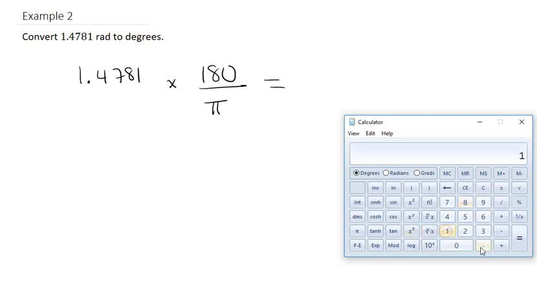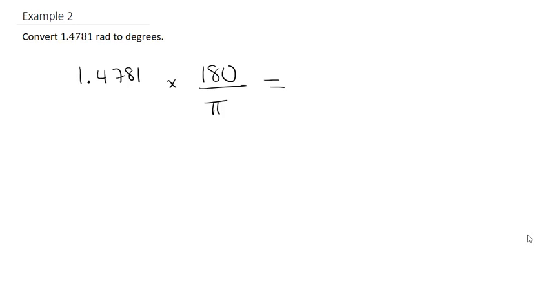We go 1.4781 times 180, and then we need to divide it by pi, and we get 84.69. And this is in degrees now.